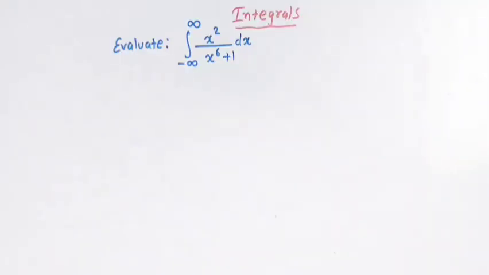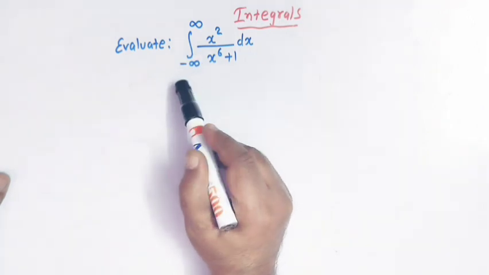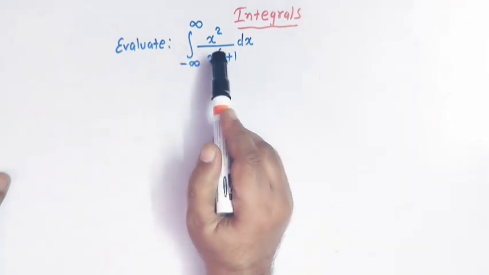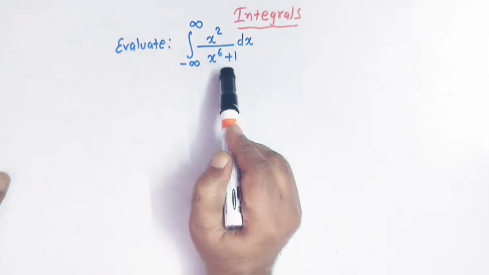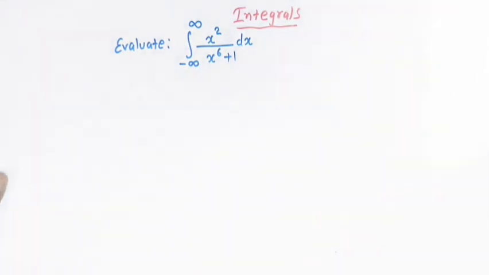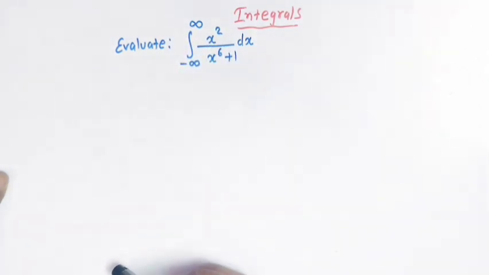Hello viewers, in today's class we are going to discuss yet another important and very conceptual problem from integrals. In this lecture we'll solve the integral from minus infinity to infinity of x square divided by x raised to 6 plus 1. We'll solve this integral by making use of the properties of beta and gamma functions.